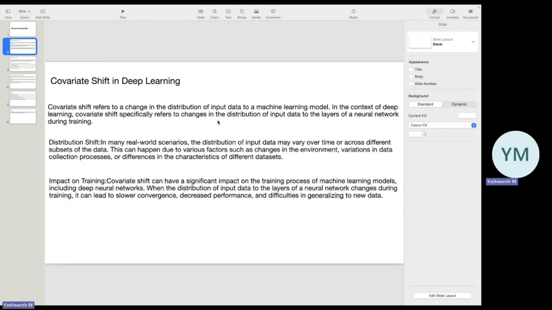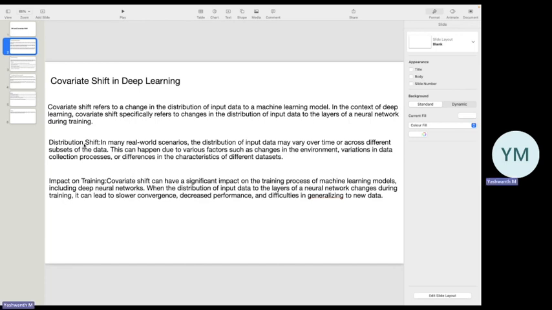ReLU is the most popular activation function, and it is not symmetric about zero, so it allows only positive activations to pass and makes negative ones zero. This leads to a different distribution across the layers of the neural network.